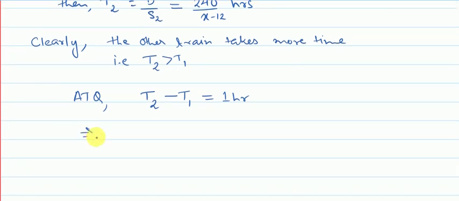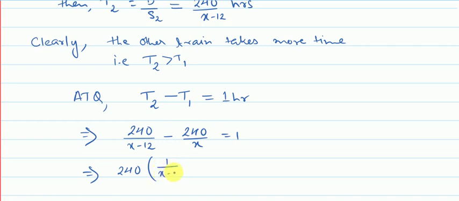Now we'll substitute the values. So we get 240 upon x minus 12 minus 240 upon x is equal to 1. Now 240 is common, so take it out: 1 upon x minus 12 minus 1 upon x.